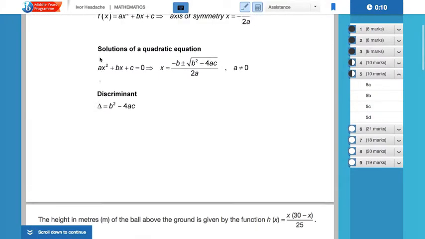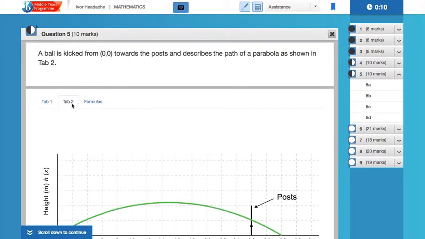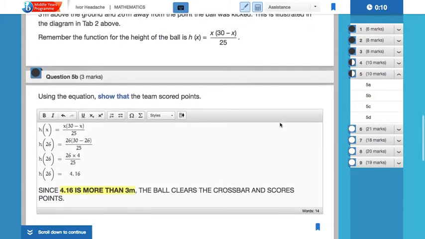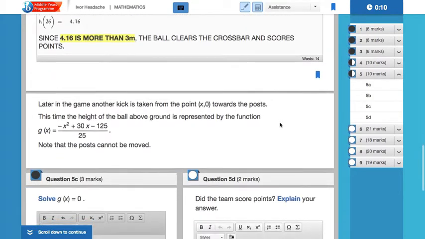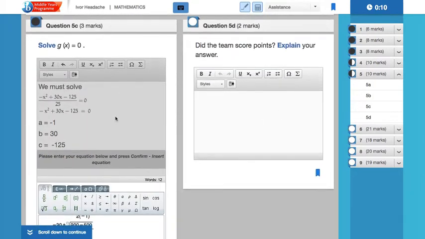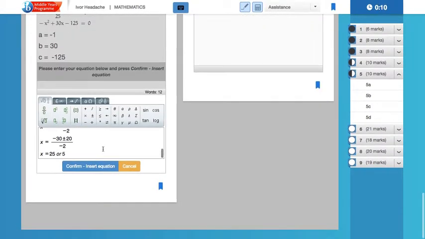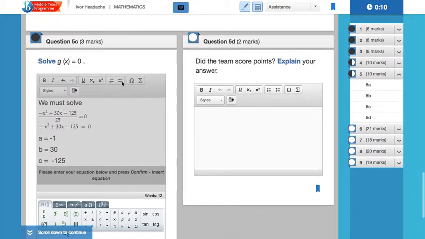So going back to these, we've figured out the 2 points where the ball is on the ground at 0. And we've got the answer that the height of the ball was 0 when x equals 25 or 5.